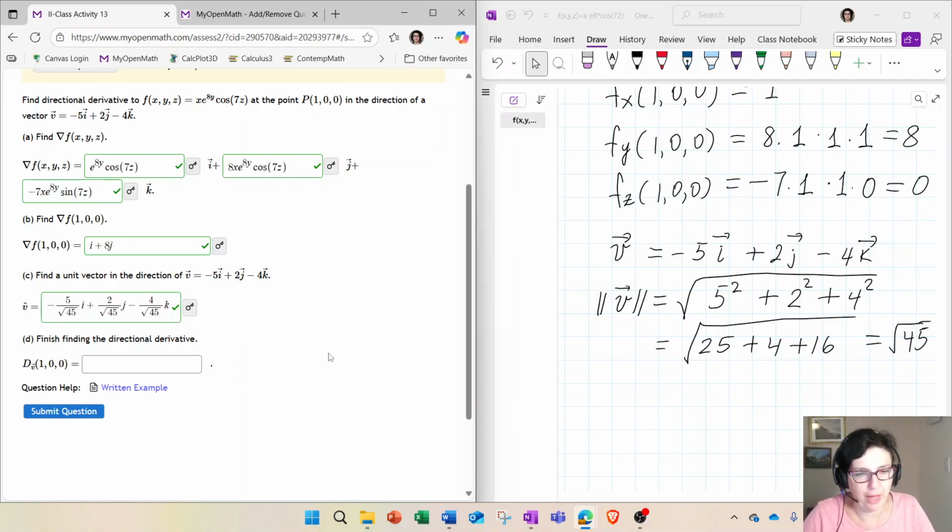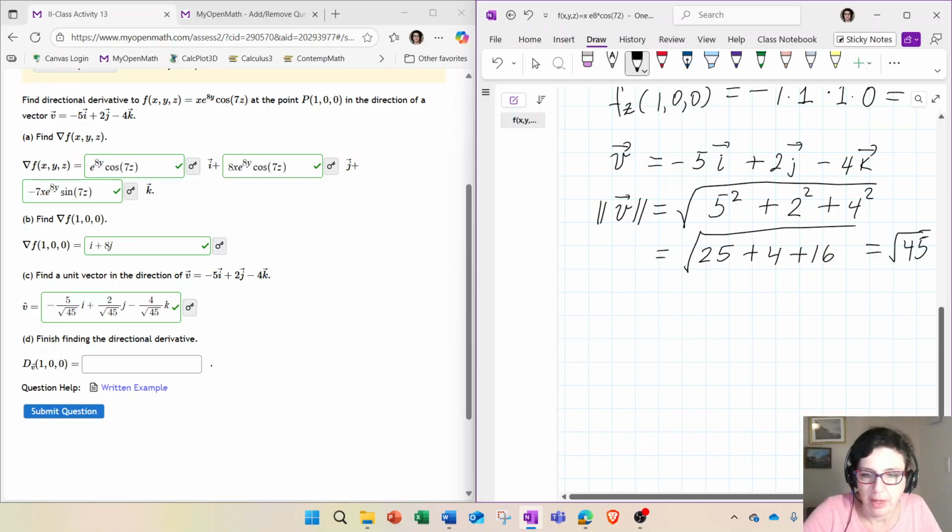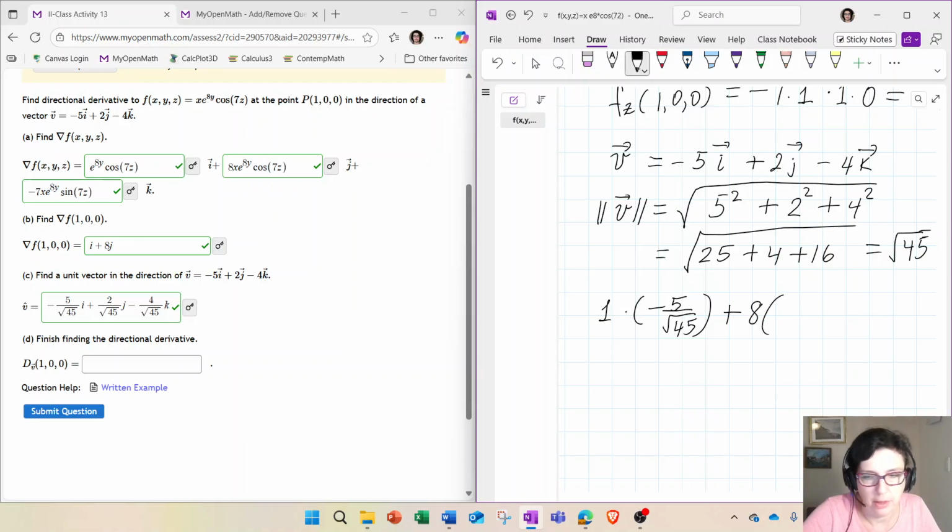Now we do have the v hat, and now we're ready to find their dot product. So the dot product is just going to be the x components multiplied, right? And the y components multiplied, and the z components multiplied, and then you just add them up. Well, that one is just 0, so I'm not going to write anything here.